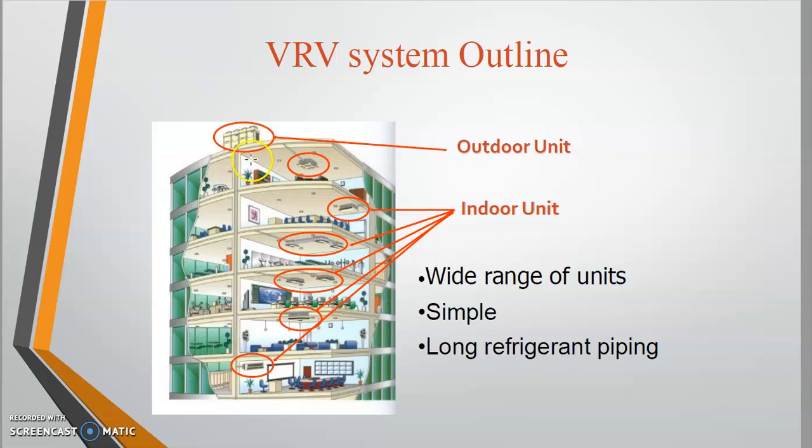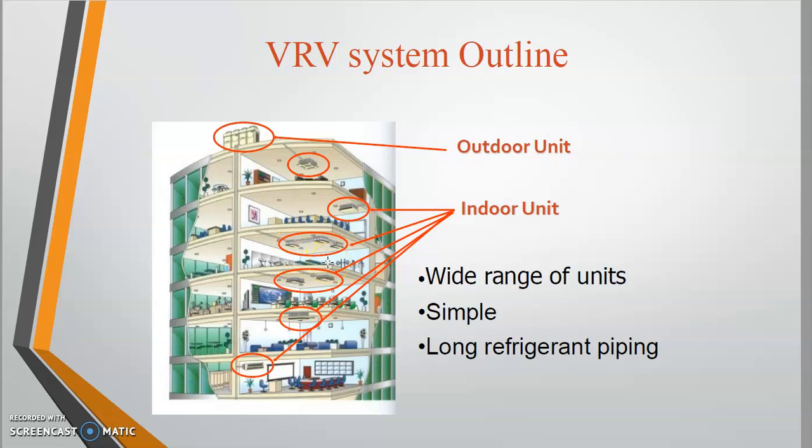They are still using refrigerant in the pipe, compared to the centralized system, where the pipe uses chilled water. They connect with the long refrigerant piping to the multiple indoor units. For example, in this case there are 1, 2, 3, 4, 5, 6 levels of building, 6 stories. Each story uses one indoor unit, connected to the outdoor unit.